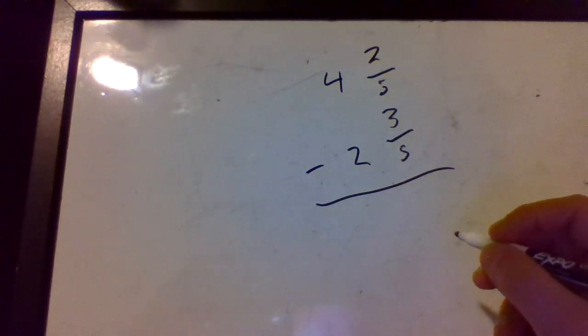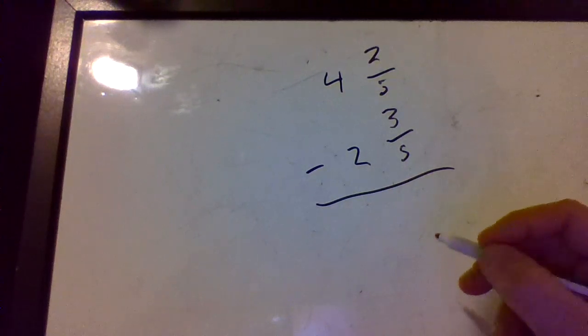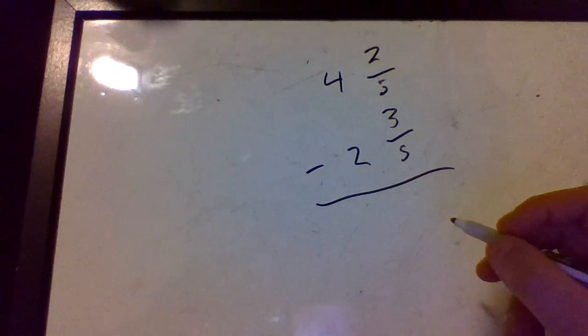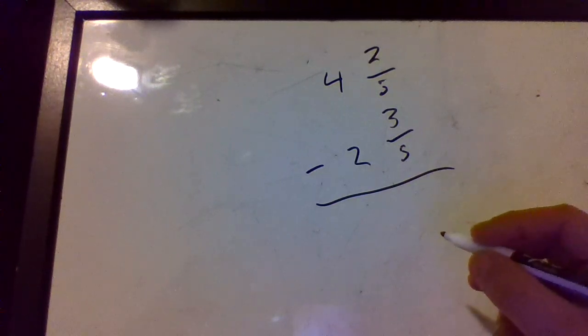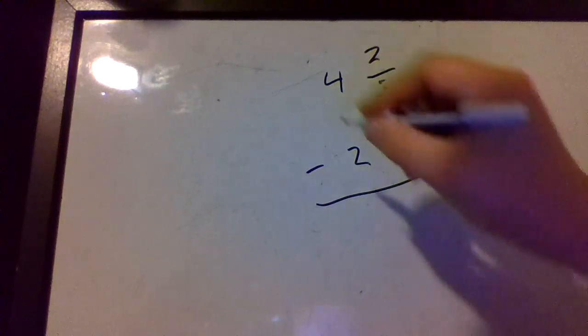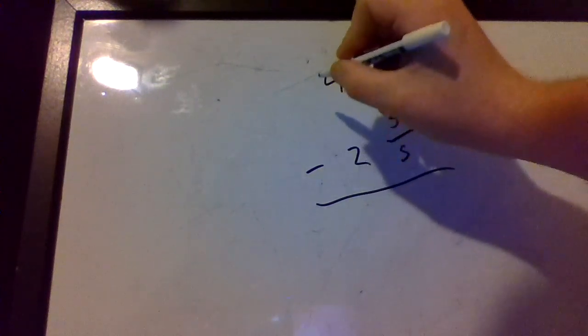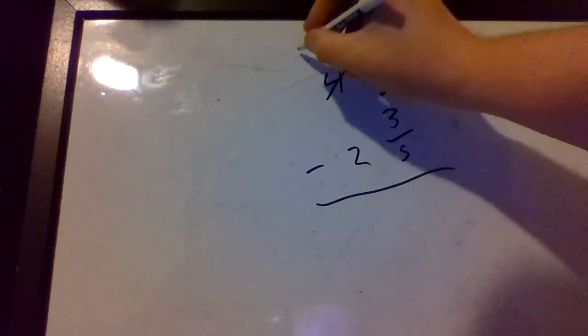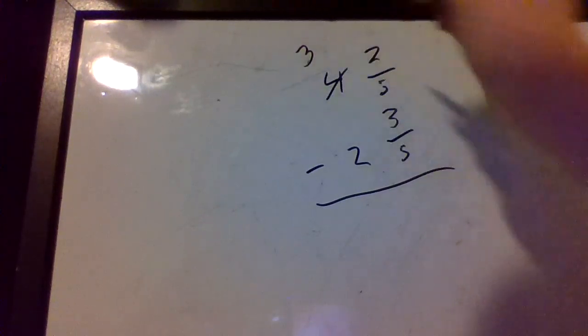The way we're going to fix this problem is just like we do with whole numbers, we have to regroup. But our regrouping is going to look a little bit different when we're working with mixed numbers. So as we know, we're going to take 1 from the 4, and the 4 is going to become a 3.